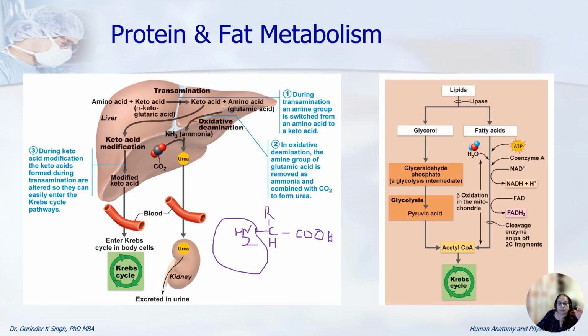Okay, so each amino acid has its corresponding keto acid. If you give an amine group to that keto acid, it becomes the amino acid. That reaction in which an amine group is transferred to a keto acid is known as transamination, meaning we are transferring an amine group.